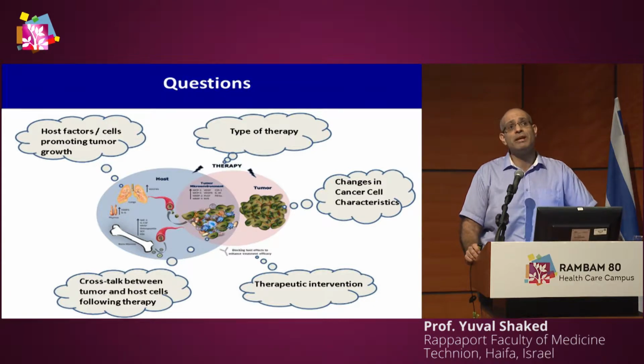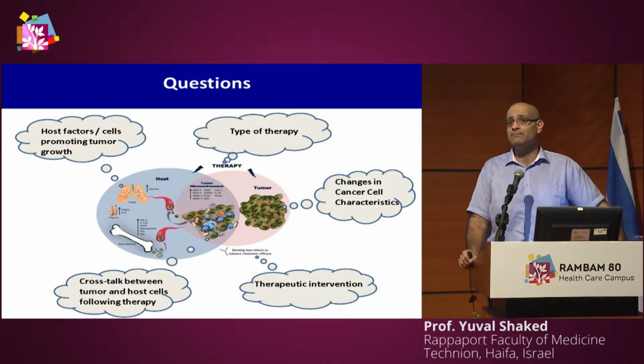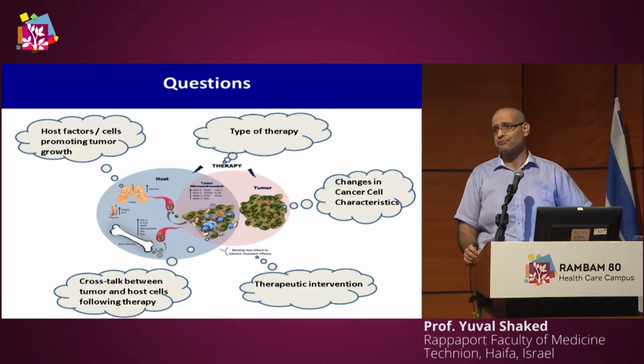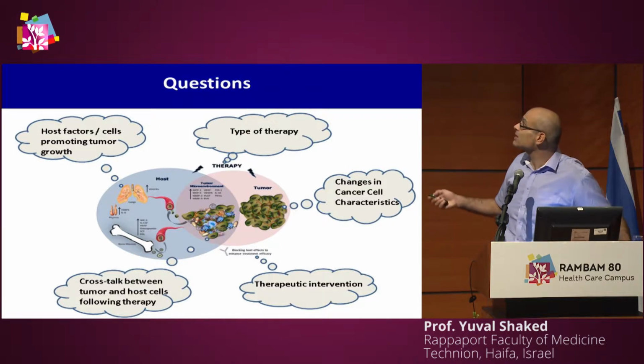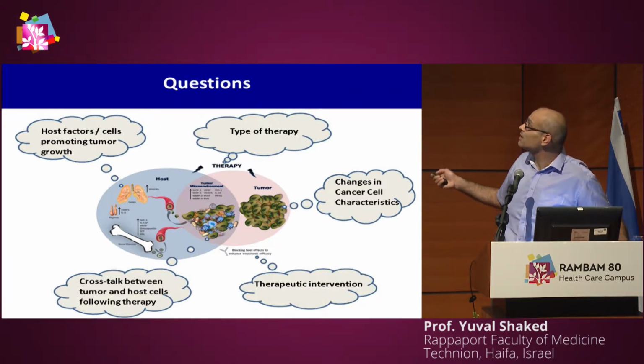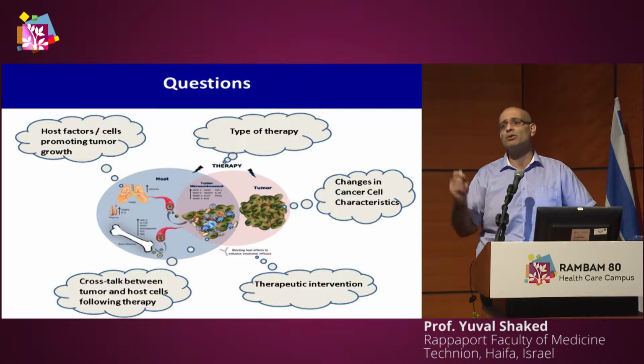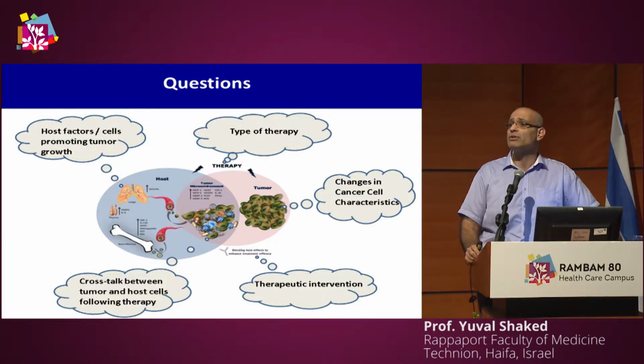So this has raised many questions in my lab. For example, what are the different factors or cells secreted by the host that can generate this pro-tumorigenic activity? Is it only true for a cytotoxic-like agent or chemotherapy? Can we find it with other treatment modalities for cancer?